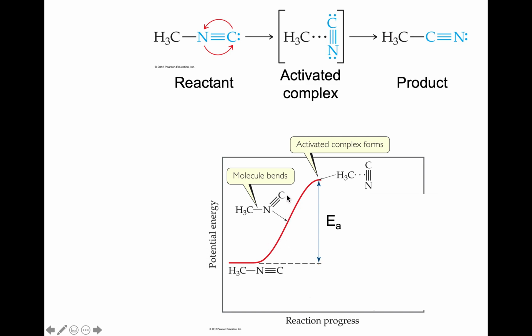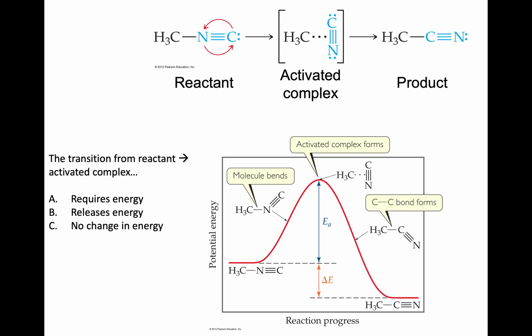During the different collisions, they can become distorted as the molecule bends. At the top here, which corresponds to the activation energy, we have this higher potential energy, this more unstable molecule. From there, it can now move down and give us the new one, which we are calling the product.